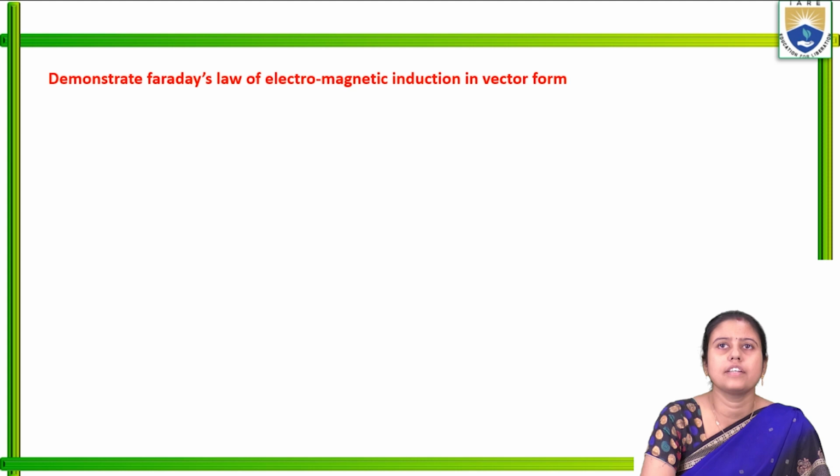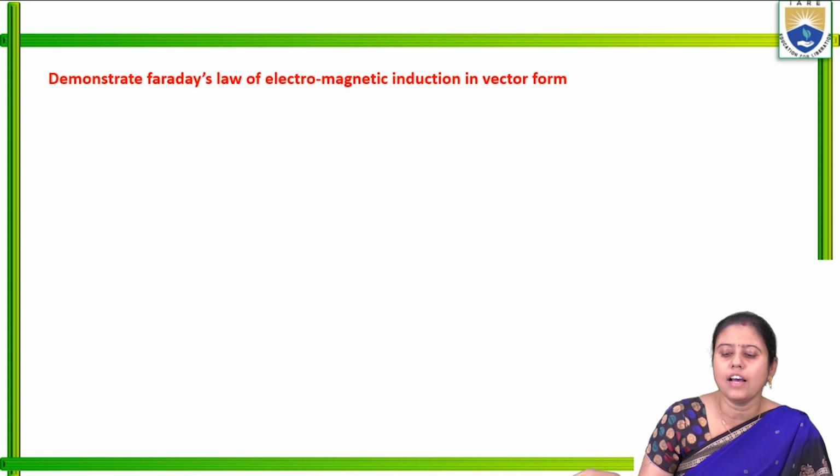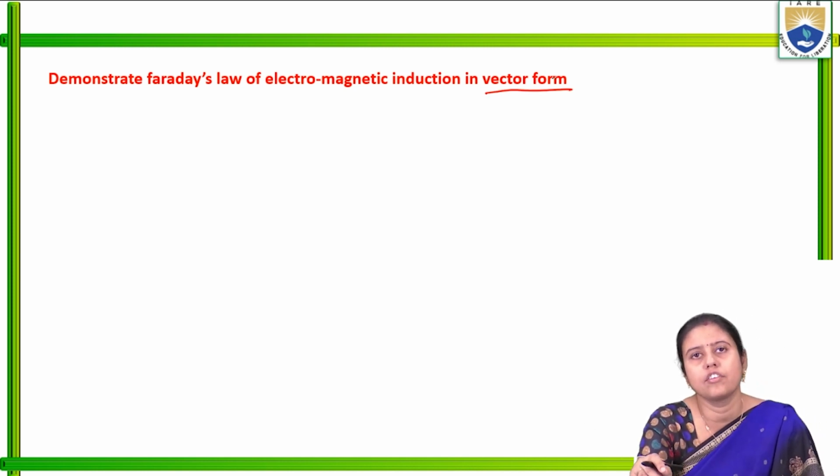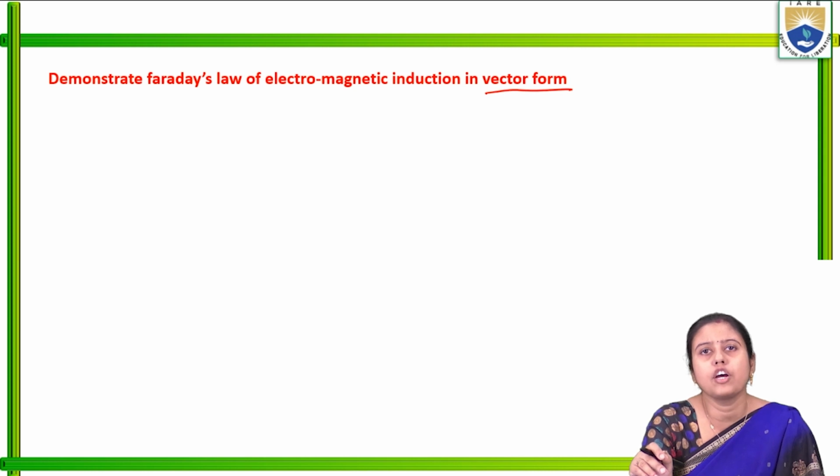Next, demonstrate the Faraday's law of electromagnetic induction in the vector form. We have to discuss the Faraday's law of electromagnetic induction in the vector form. So we know already what is the Faraday's law. Whenever there is a rate of change of flux, there is some induced EMF.